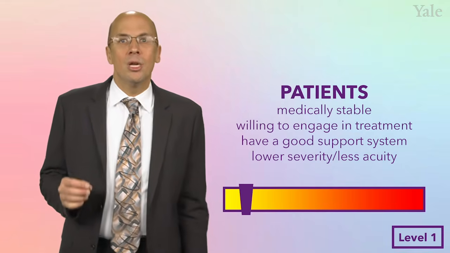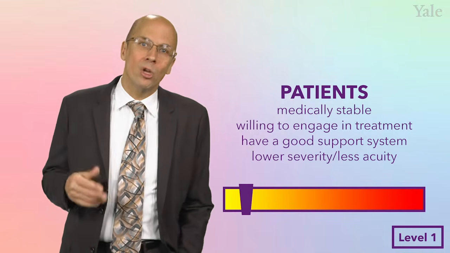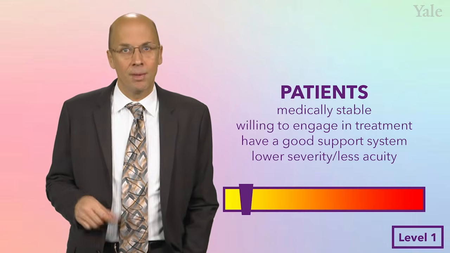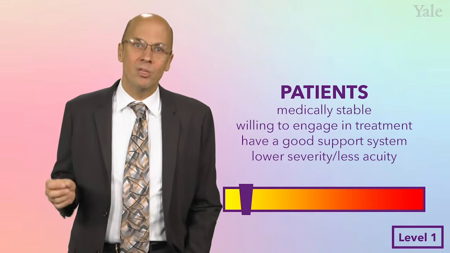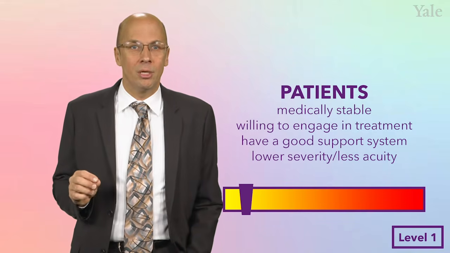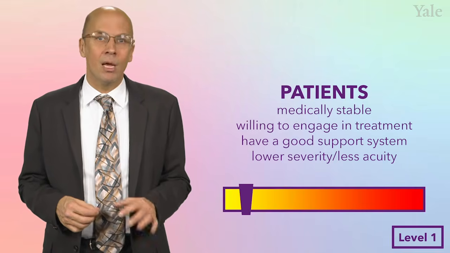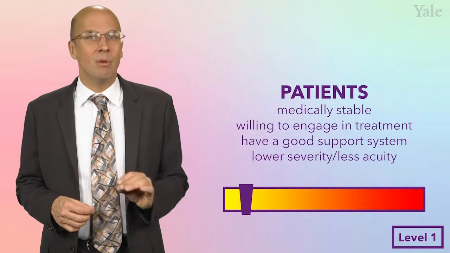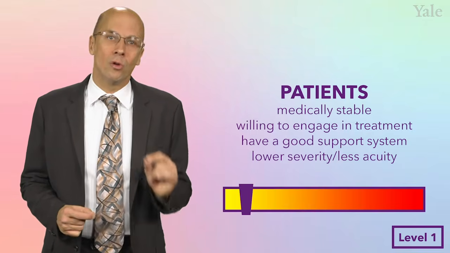The key is to assess a person's severity of illness, or what we often call acuity in medical terms. Outpatient services are generally appropriate for people with lower severity or less acuity, meaning they don't need consistent monitoring over a brief period of time, but rather symptoms can be managed and goals achieved with less frequent monitoring over a long time.